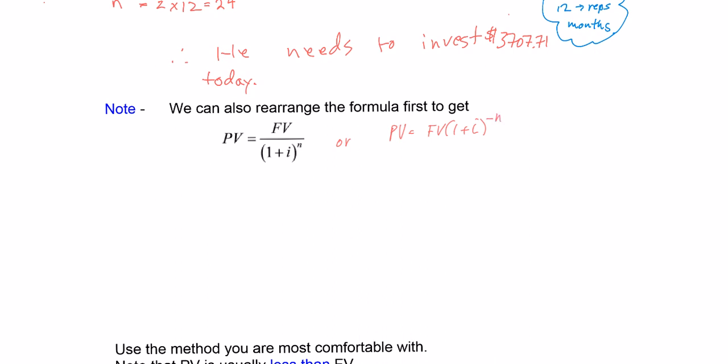Now, the reason why I call this negative n is because essentially, imagine if I have a future value, we are looking at something that's happening in the future. This is telling us that we're taking the information from the future and moving backwards into the past.